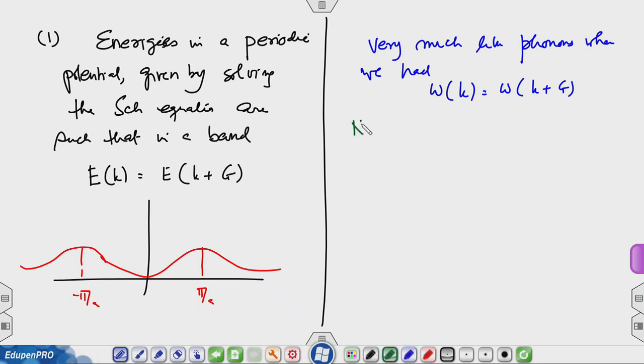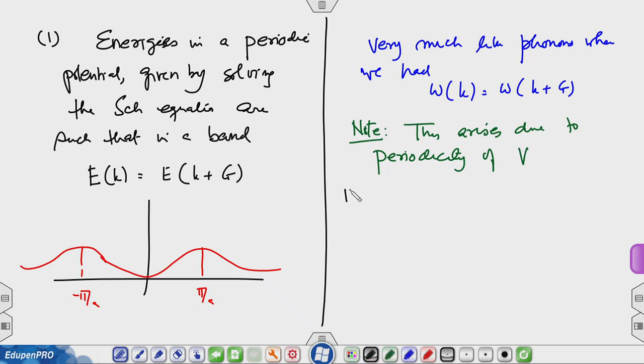And just note, this arises due to periodicity of V. For phonons also V was periodic, for here also V is periodic, there we took it to be quadratic.